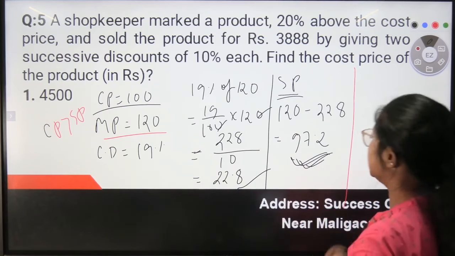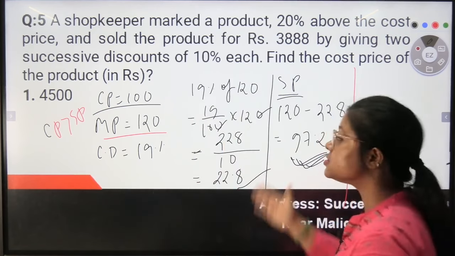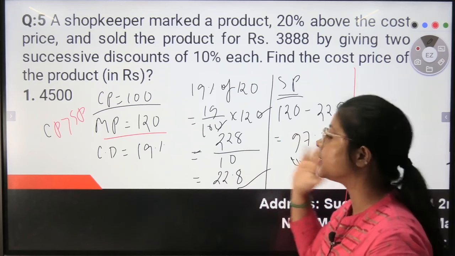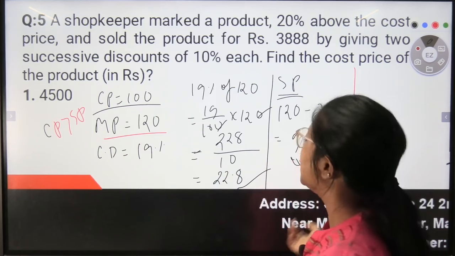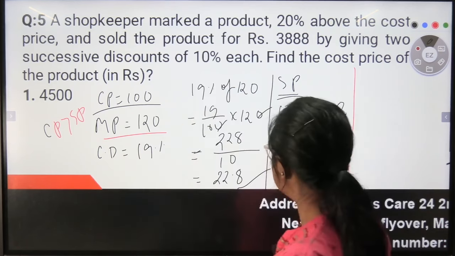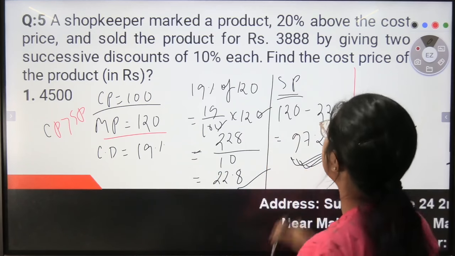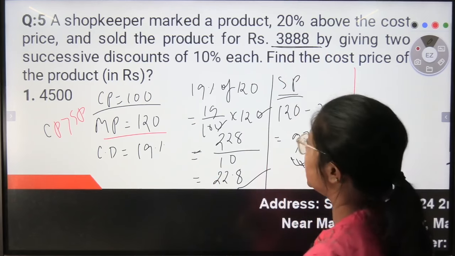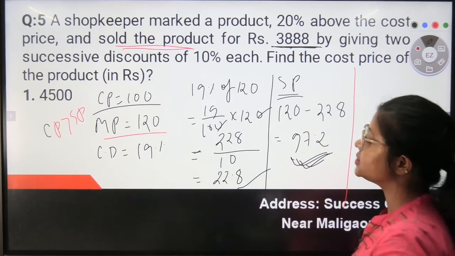This was only what I have considered, not the actual value. If this is my consideration, then this 97.2 SP must be equal to the actual SP of that product, which is given in the question.